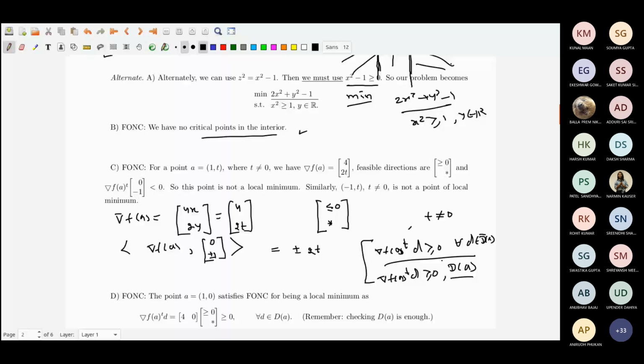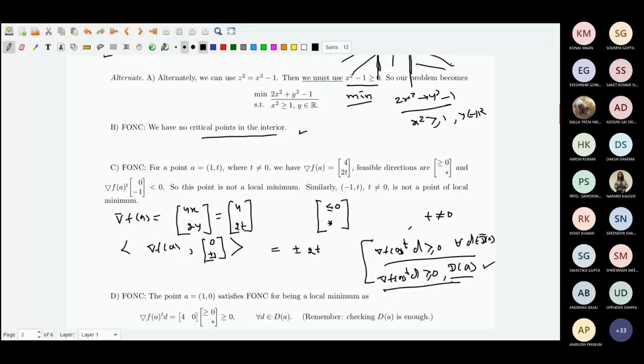If you can find it for a limit point, you can also find it for a direction. So practically it is enough to consider only D(A), because if it satisfies greater than or equal to 0 for D(A), it will automatically satisfy it for the closure of D(A).